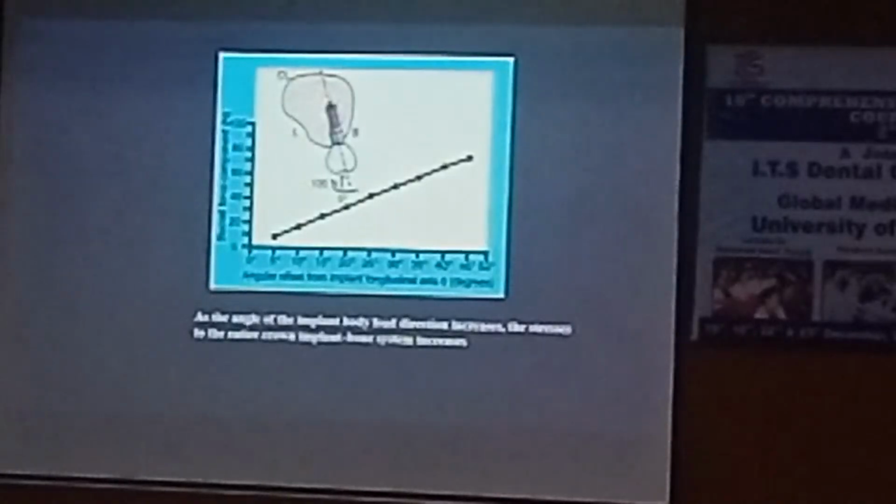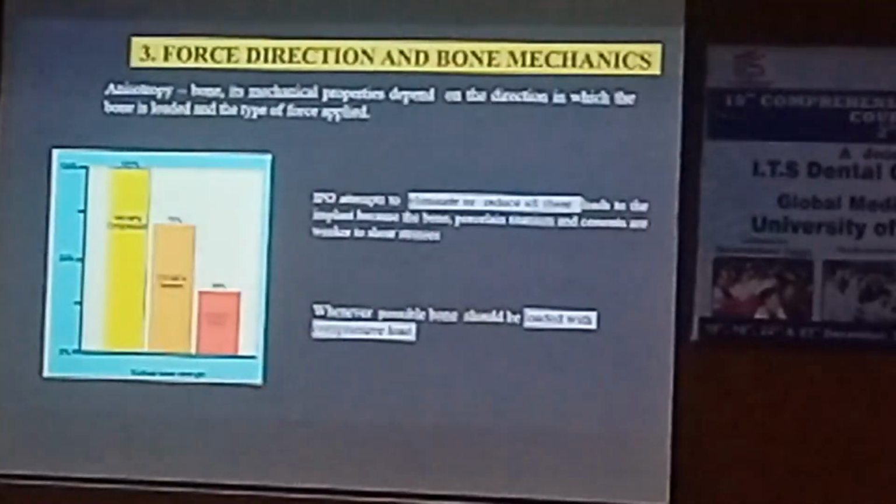This curve is showing only one thing: as the angulation increases, the sine curve rises. At one stage, if it is 90 degrees, almost the whole force is horizontal. Although we don't place horizontal implants, exceeding 45 degrees is also dangerous. Okay.